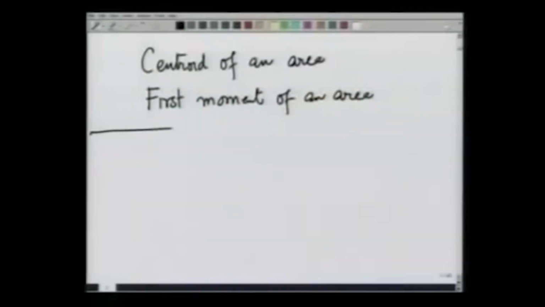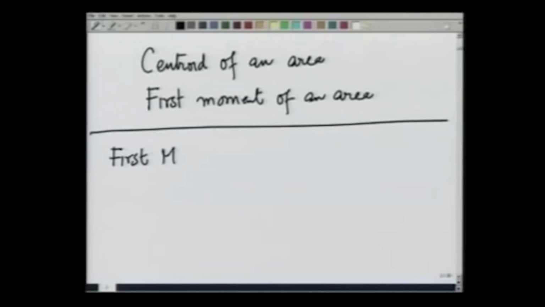So, let us start with the concept of the first moment of area. I am first going to give you the definition, and then later we will employ it in certain statics situations.